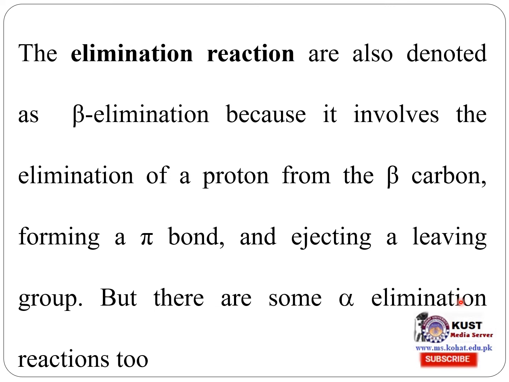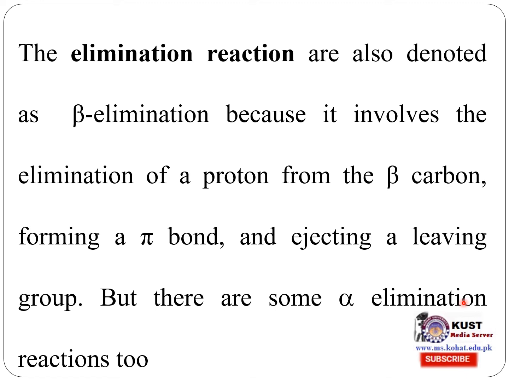The elimination reactions are also denoted by another term, that is beta elimination. Why is it called beta elimination? Because normally in the elimination reaction, the proton which leaves the substrate is from the beta carbon.